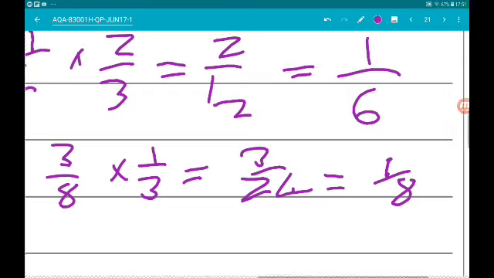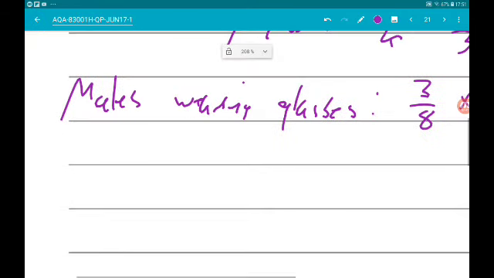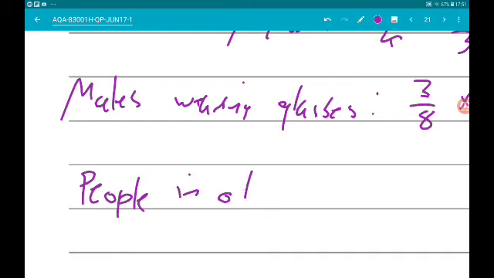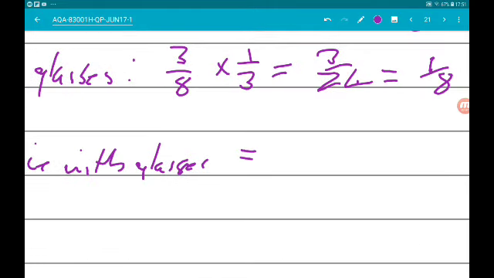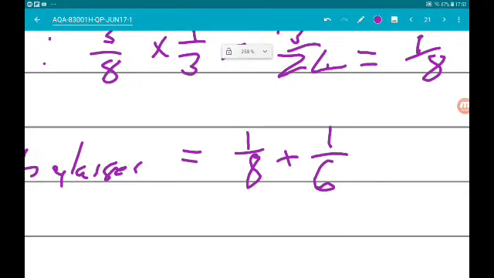Now, altogether then, people that wear glasses is 1/8 add 1/6. Now, if we can work out what fraction this is, we also know as a number how many wear glasses, so we'll then be able to play reverse fractions and find the total number.